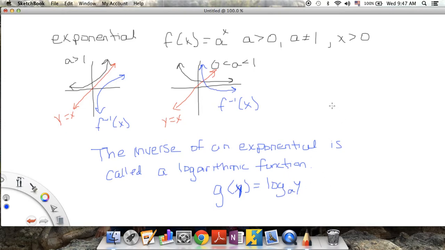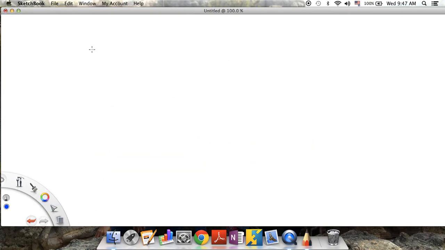And what this is, let's say we have y equals a to the x. When we switch these so that we can get our inverse functions, we switch our x and our y, but we need to be able to solve for y.